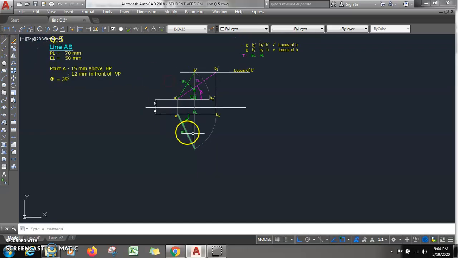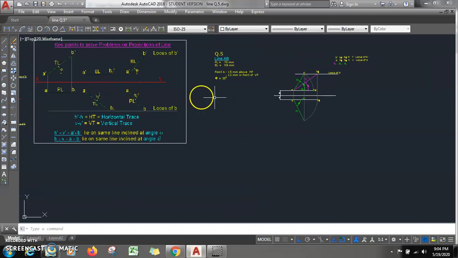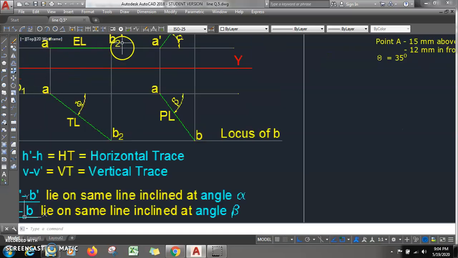Now inclination with VP, phi, how do we get it? Phi is the angle of the true length. So how do we get the true length in the top view? In the front view we have point B2 dash.